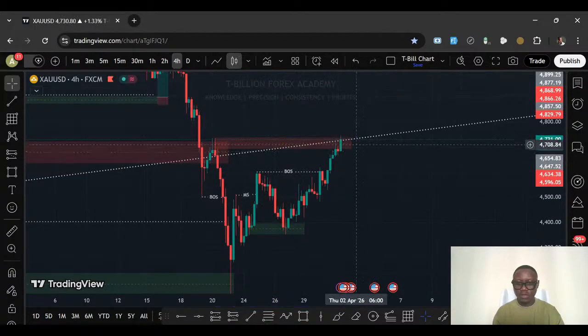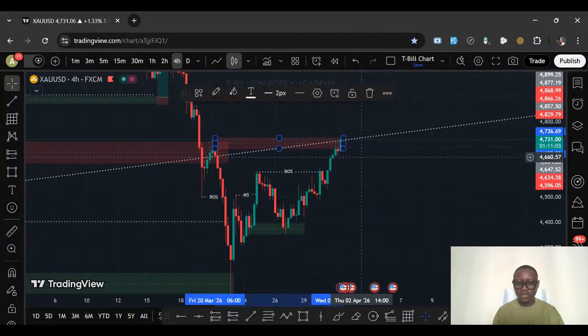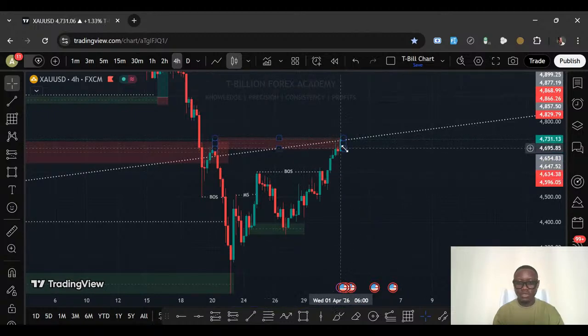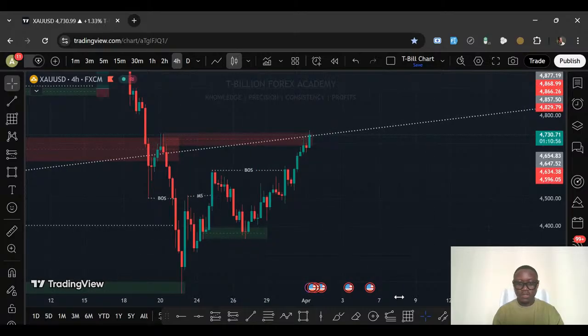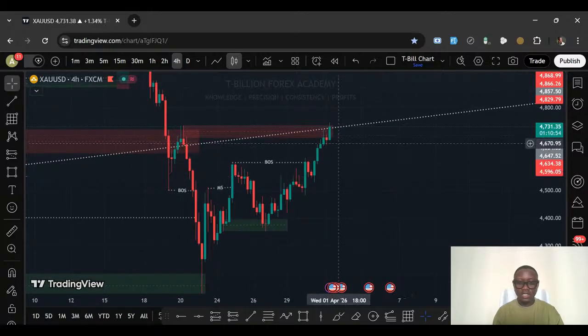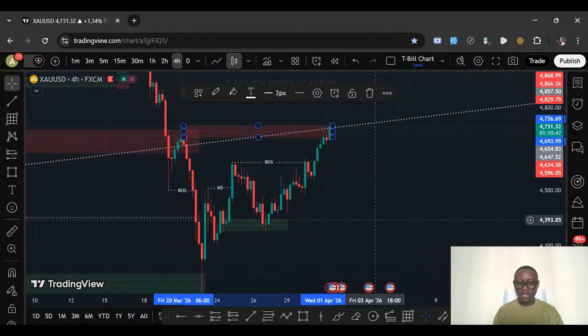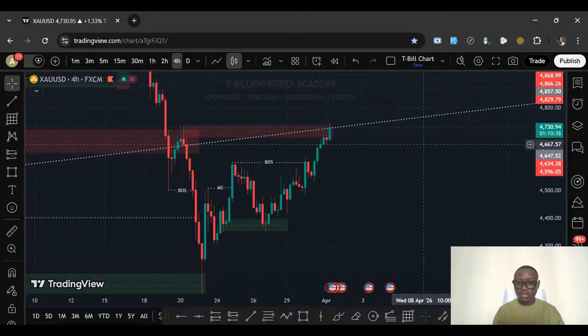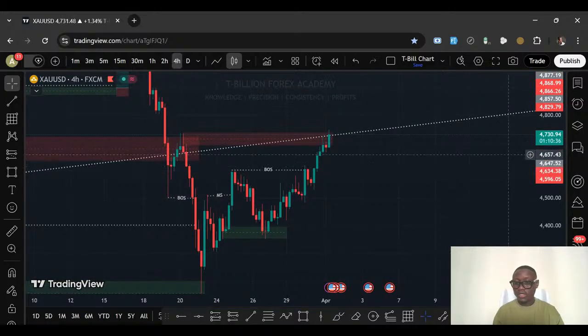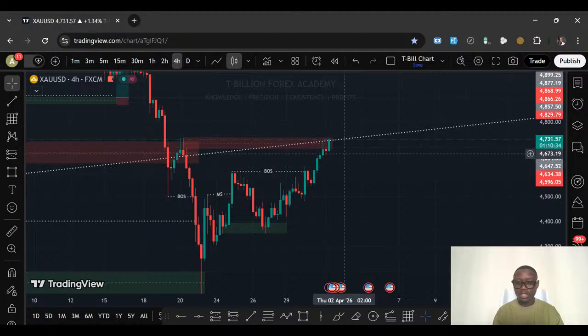We have this, but again, we are not going to take our trade just yet on the 4H time frame, not until we get a reversal pattern on the 1H time frame or 15 minutes or 30 minutes. Then we can take our trade, but then we'll keep our take profits not too ambitious, because if you understand, gold historically has been bullish.